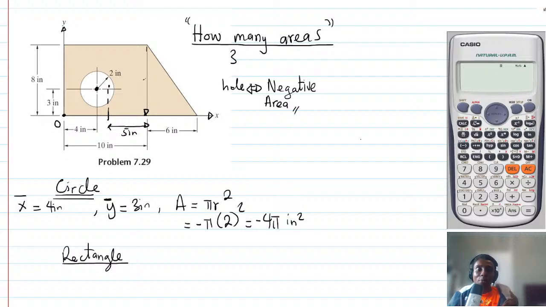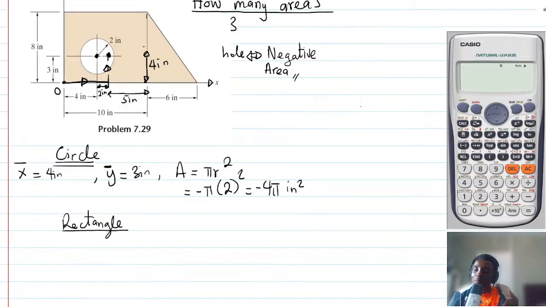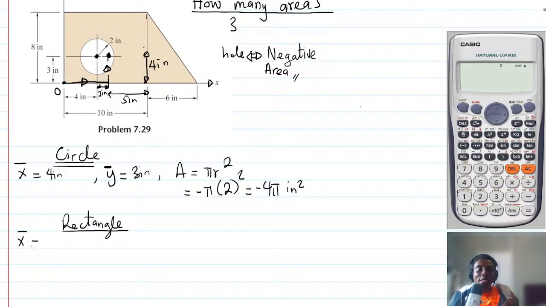So to locate the center of the rectangle, you need to walk from the origin along the x-axis 5 and go up 4. That's all. So the x bar is simply 5 inches and the y bar is simply 4 inches.